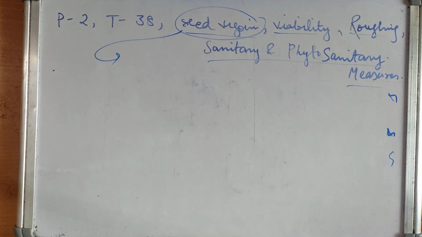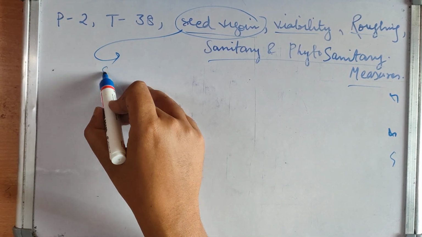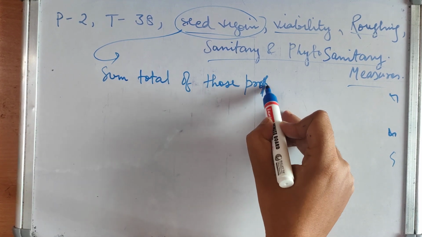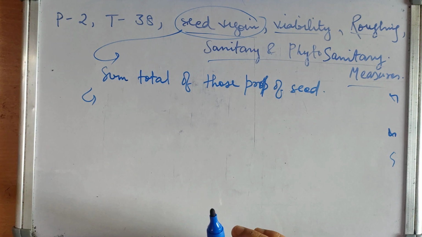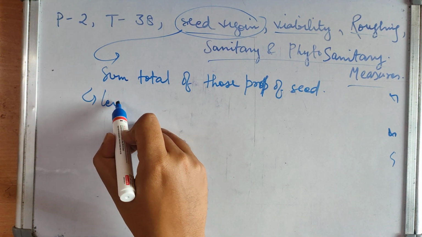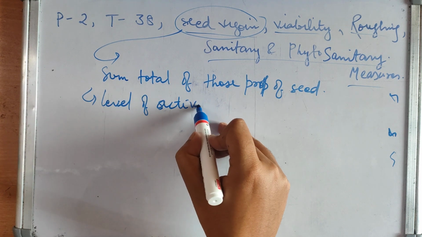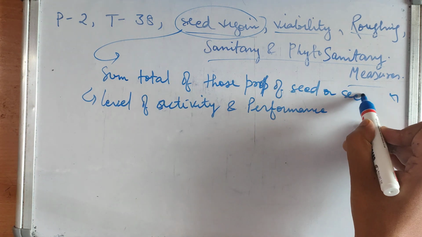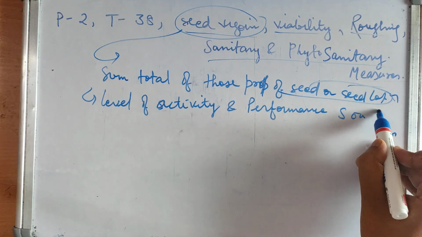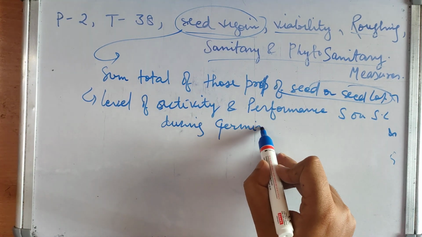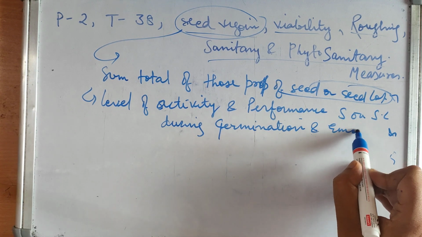It is the sum total of those properties of seeds that determine the level of activity and performance of a seed or seed lot during germination and emergence.